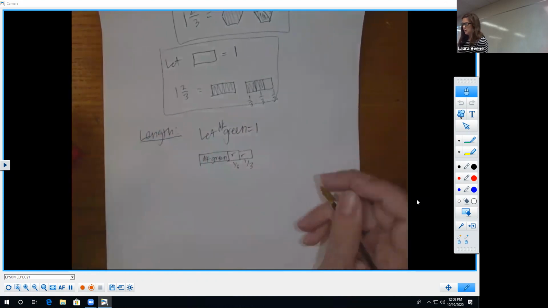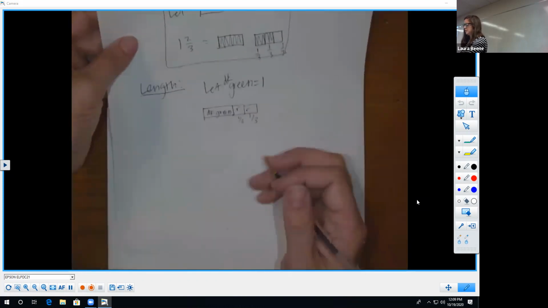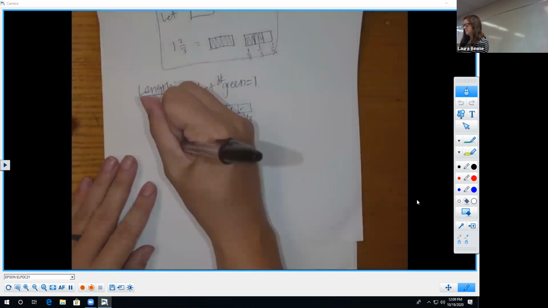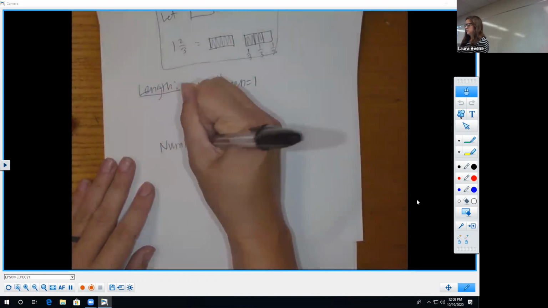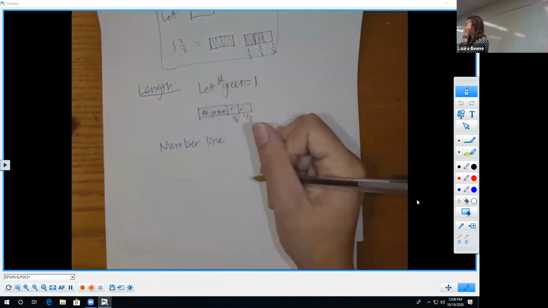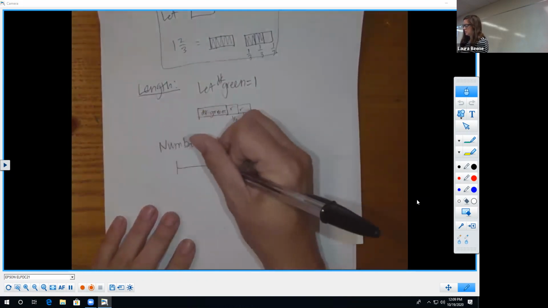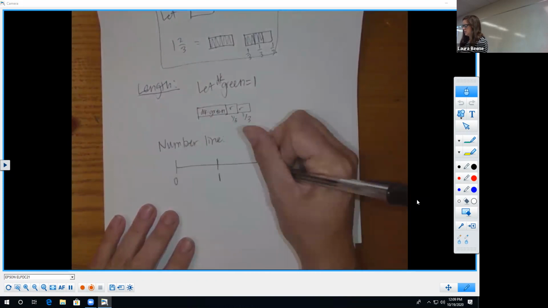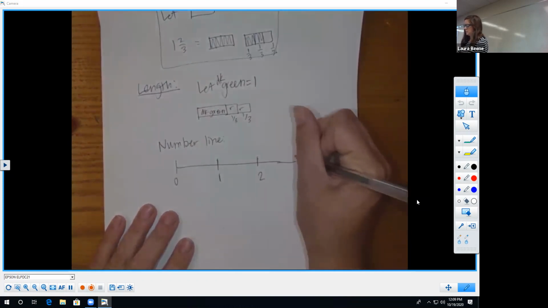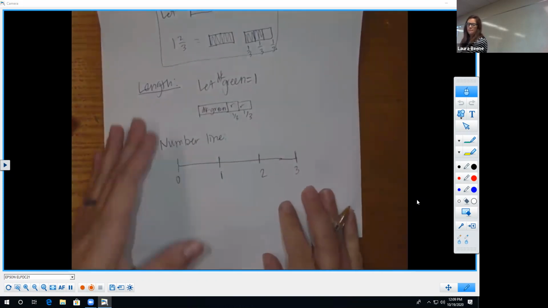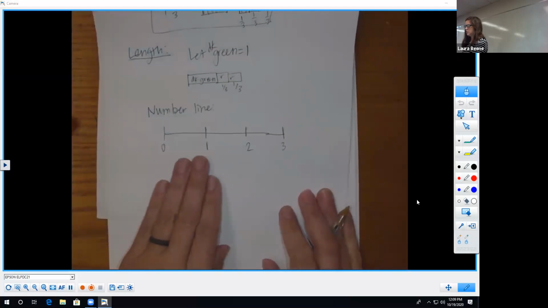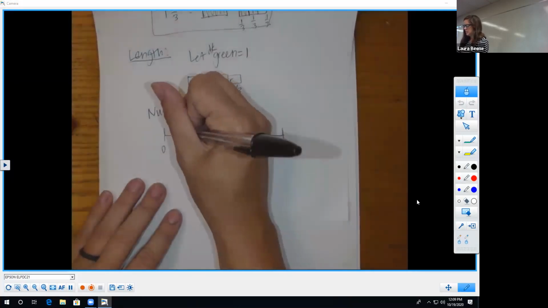I think the easier way to do it, not using the Cuisenaire rods, would just be to use a number line. So we're going to say this is 1 whole right here, and this would be 2 wholes. You could go up to however much you wanted to. But to show 1 and 2/3, we need to split each whole into 3 pieces.